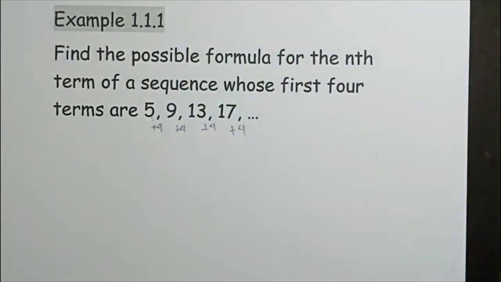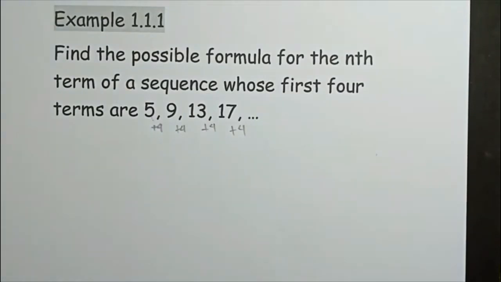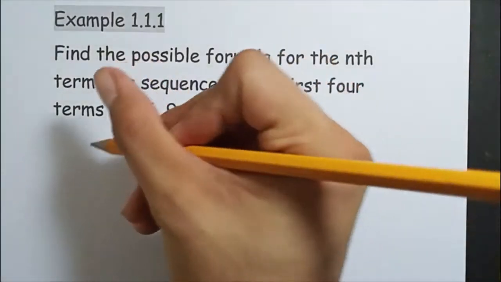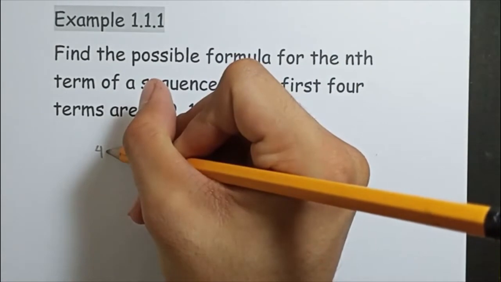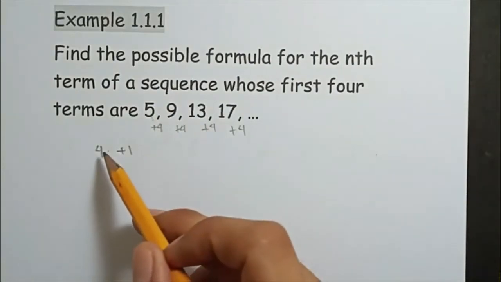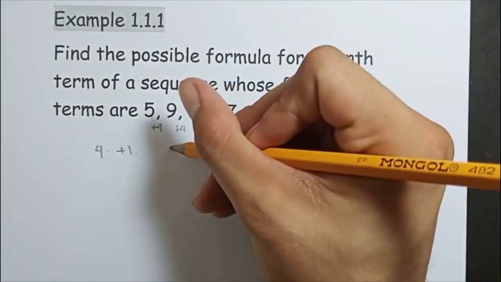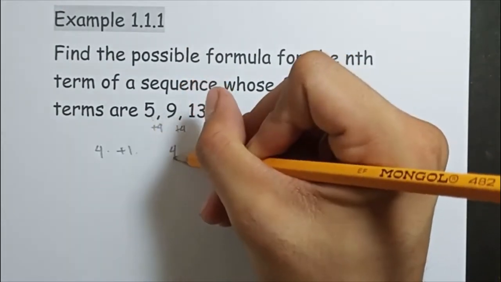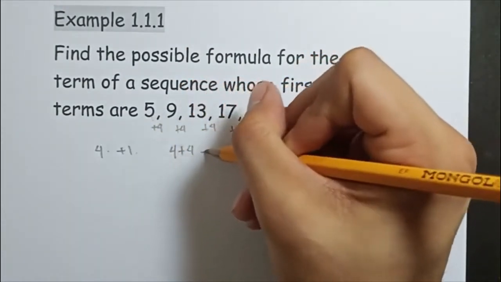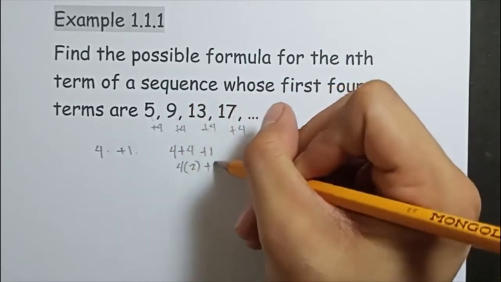So, dito may clue na agad tayo. Plus 4 lang para makuha yung sunod na term. Pero yung start natin is 5. So, pwede siya maging 4 plus 1 para maging 5. Then, yung first term natin is 4 plus 1. Yung second term natin is 4 plus 4 plus 1 or 4 times 2 plus 1.